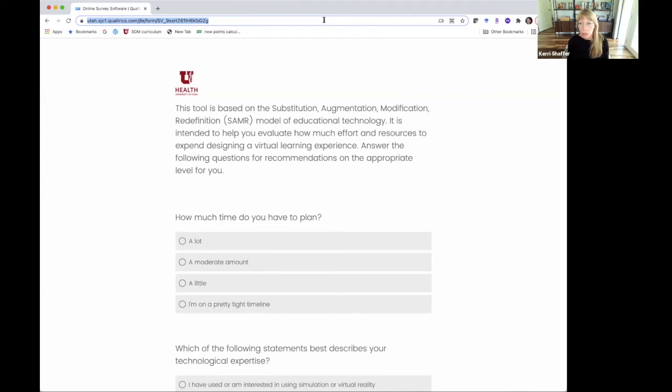But the more we thought about it, the more we thought that it would actually be pretty helpful to design a tool that people could use every time they're designing an instructional event or an assessment, that you can go in and answer these questions and the tool will let you know which level is going to be appropriate, and also recommend some particular tools for you to use in your instruction.